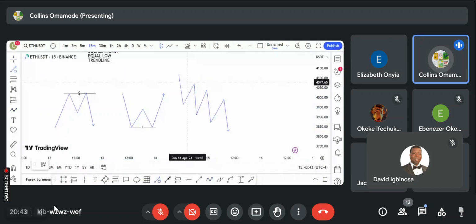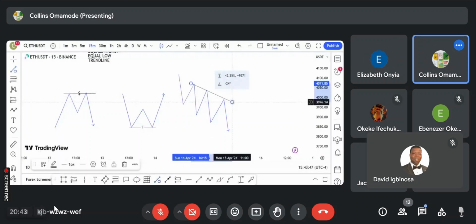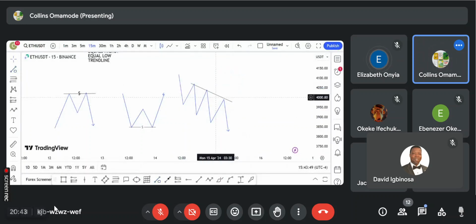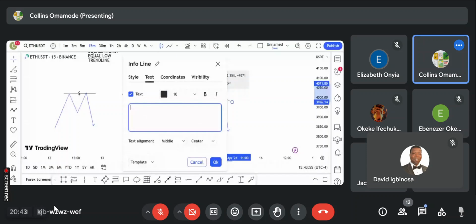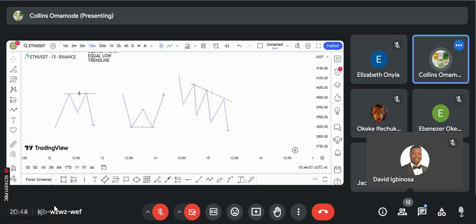And price will later come back to take this liquidity out before moving downward. So this is trend line liquidity. This is bearish trend line liquidity, and for the bullish part, it is how it is.